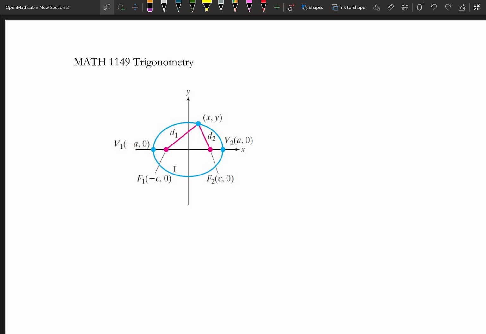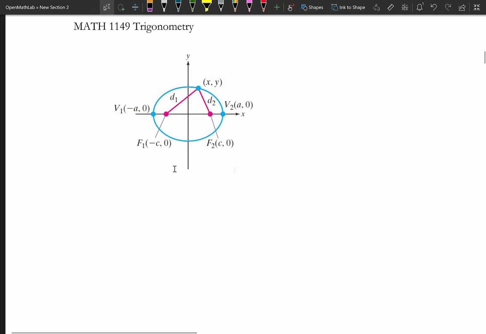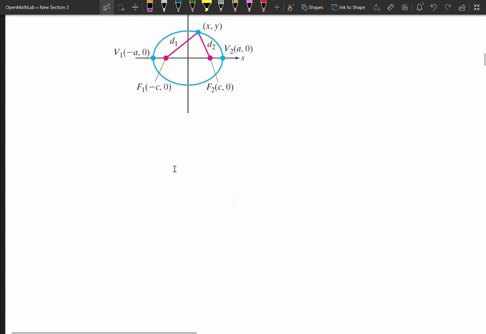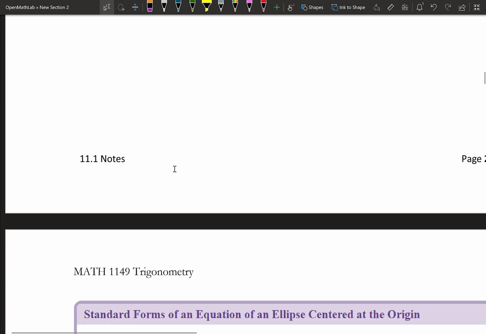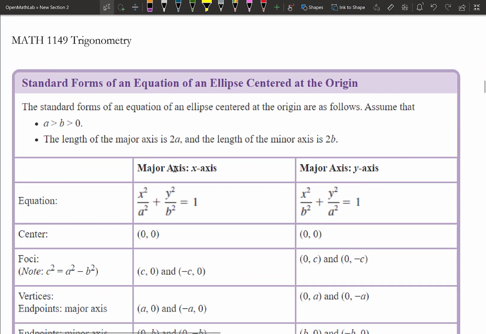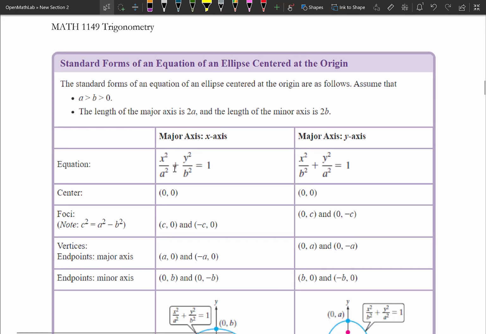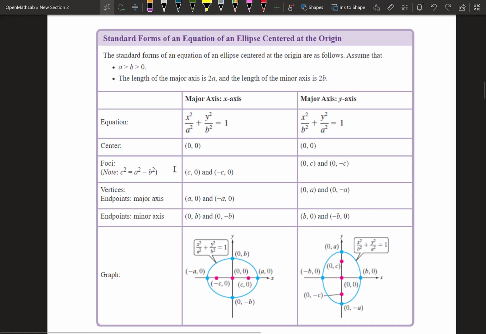But I won't go through that formula. That will take quite a bit of time, I think. So you can look over that in the textbook if you'd like.